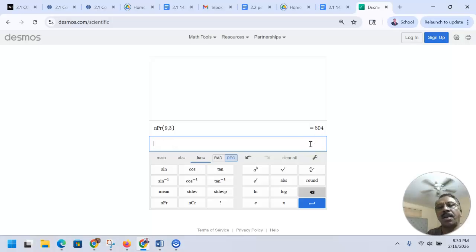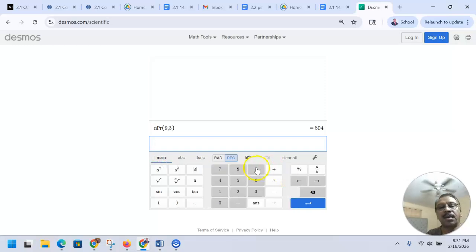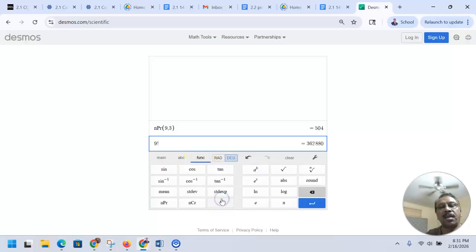Or you could say, okay, you want to do 9 factorial first. Click here, 9, and then again go to the function, click factorial, and then you want to divide.